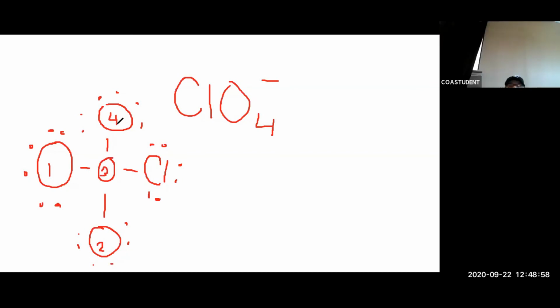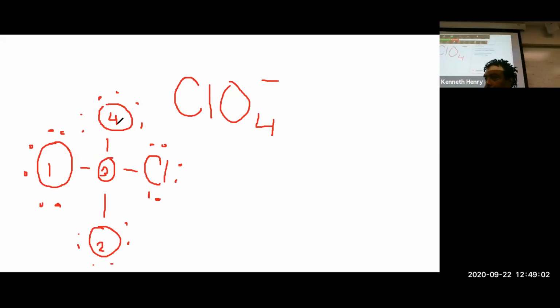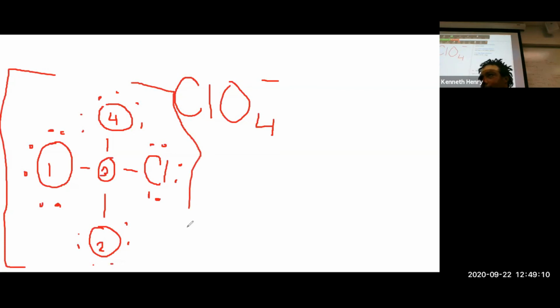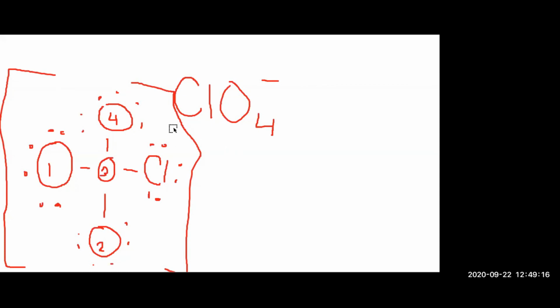No doubles, all singles. And then we want to put a bracket. Sorry, I have to fix my bracket. But it's still only 32. Where'd that one random one go? In the middle.